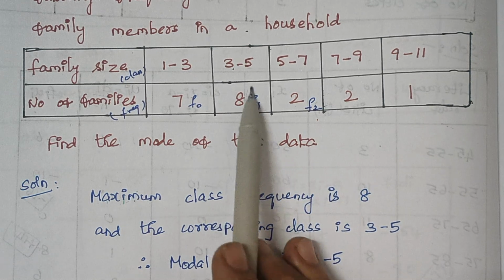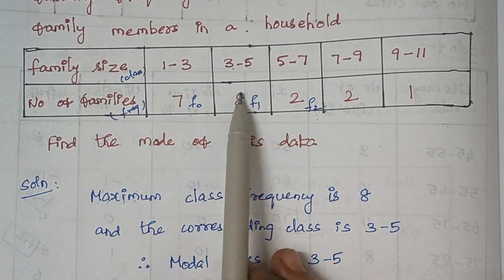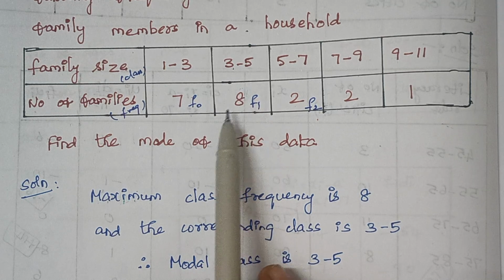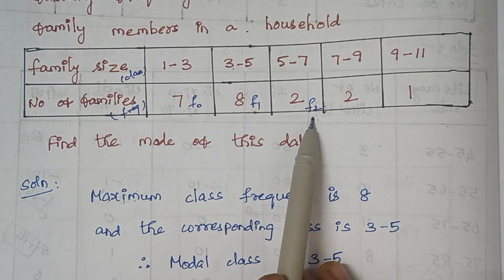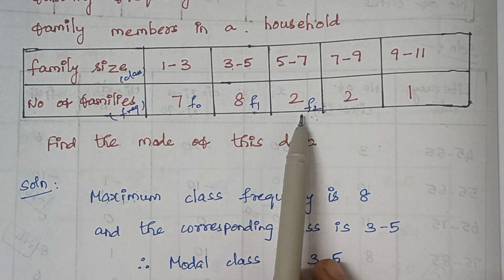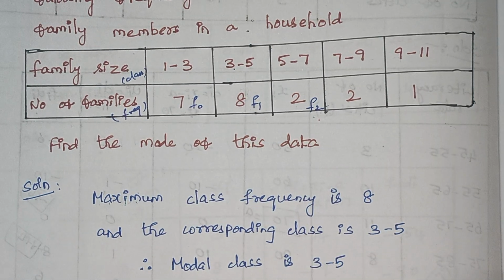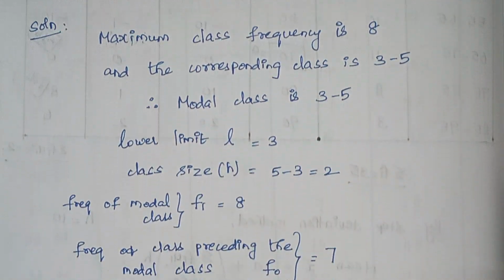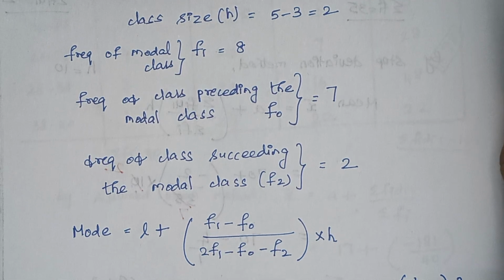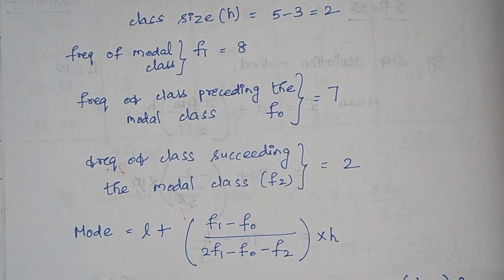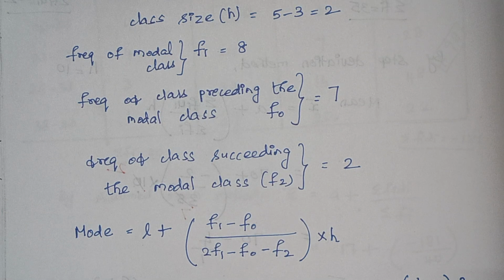F1 is the maximum frequency, F0 is the frequency prior to it, and F2 is the frequency after it. After finding all these, we can directly substitute in the formula. The calculation of mode is very easy. You don't need to form a separate tabulation.